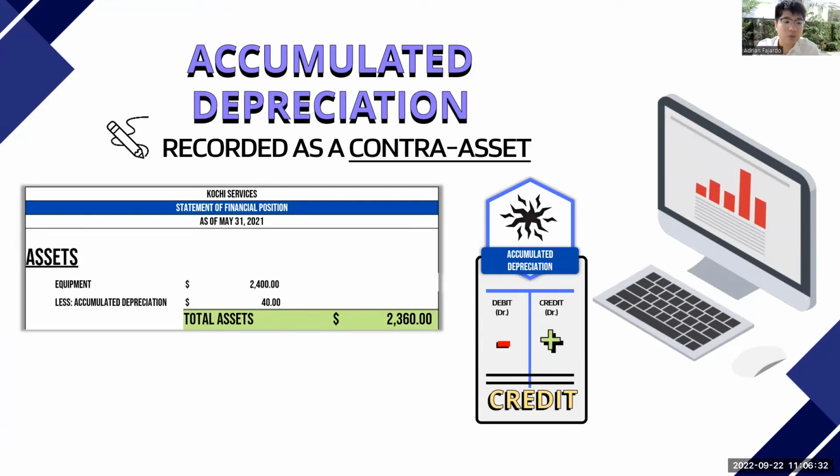A contra asset, which we always subtract from an asset, it reverses that. And therefore, ang credit balance is the normal balance of our accumulated depreciation, right? So, yun. Kindly take note of accumulated depreciation. Matagal pa naman yung PPE, pero this is a very important concept for you to absorb, right?